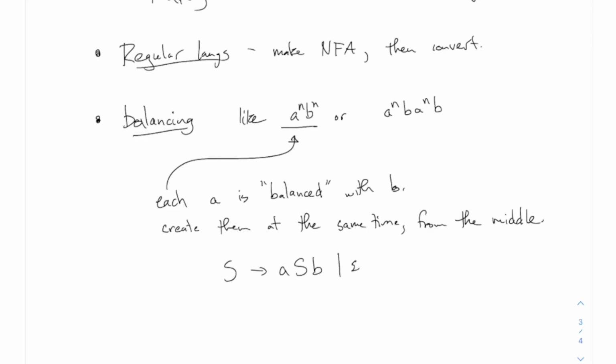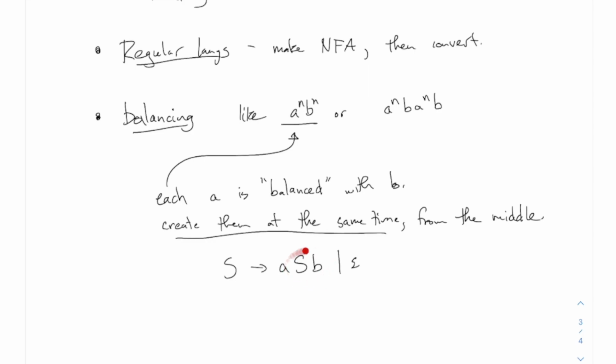What I mean by create them at the same time is whenever you generate a new A, you should generate a new B at the same time. This will make sure that the number of A's is always balanced with the number of B's. There is no step which makes an A without also simultaneously making a B. This is how we ensure the number of A's is the same as the number of B's. And then I also said from the middle. The reason you have to do it from the middle is, well, just because that's how this works. So this one will work.